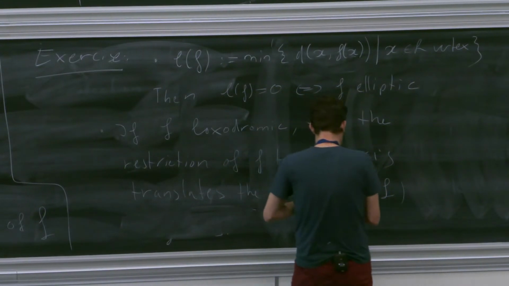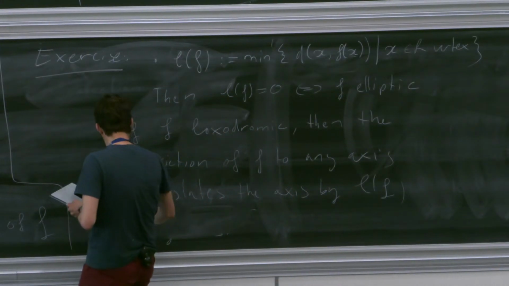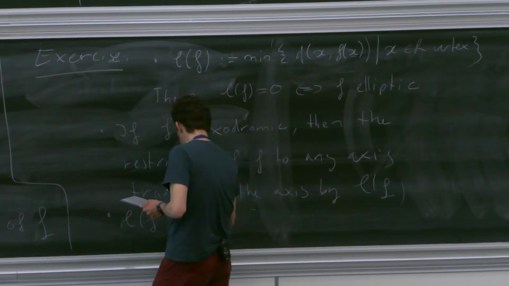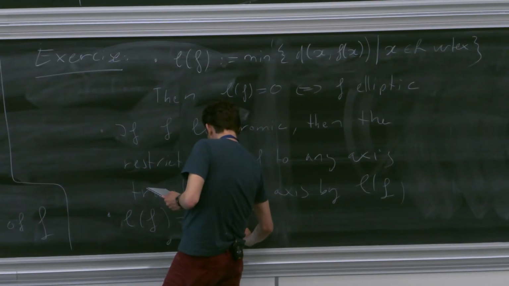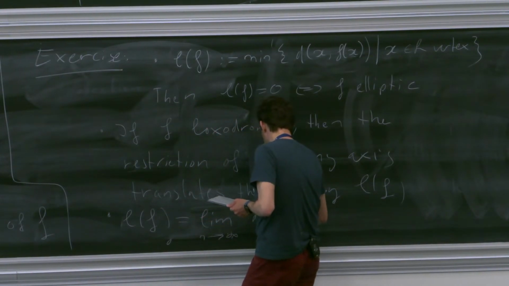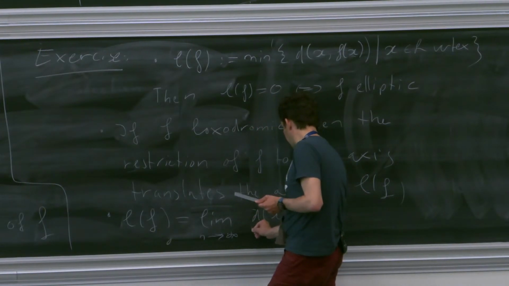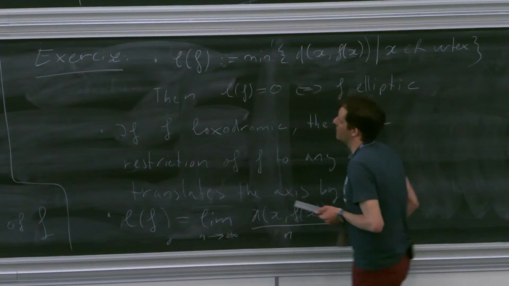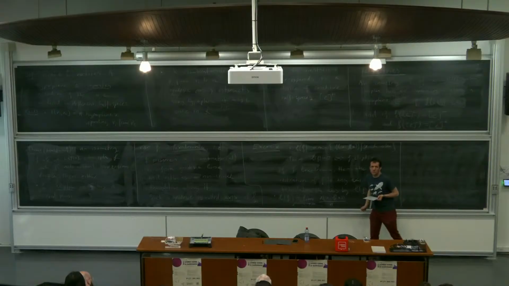We can also show, as part of the exercise, that the length of f is exactly the limit as n goes to infinity of the distance between any vertex x and f^n of x, divided by n.